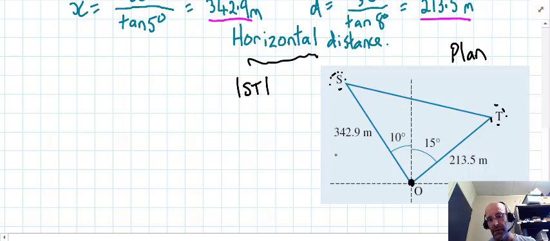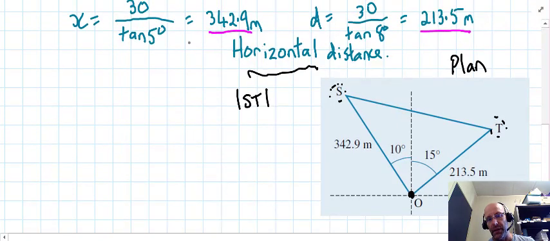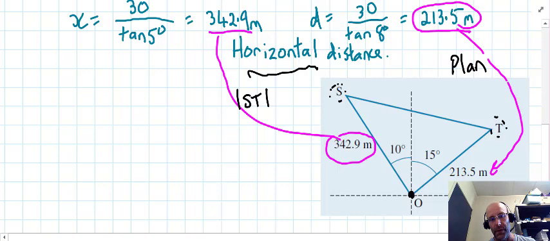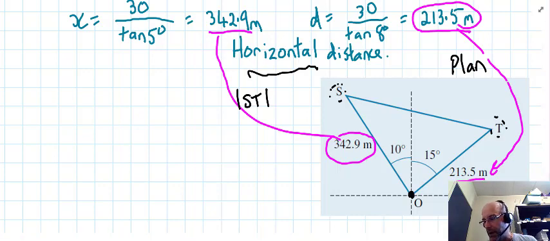So you can see that we've got the 342.9. It's been translated. Remember, that's along the horizontal. It's not up the slope. And this one, you can see that's been translated onto this diagram here. And again, that's not up the slope, that's perfectly horizontal.